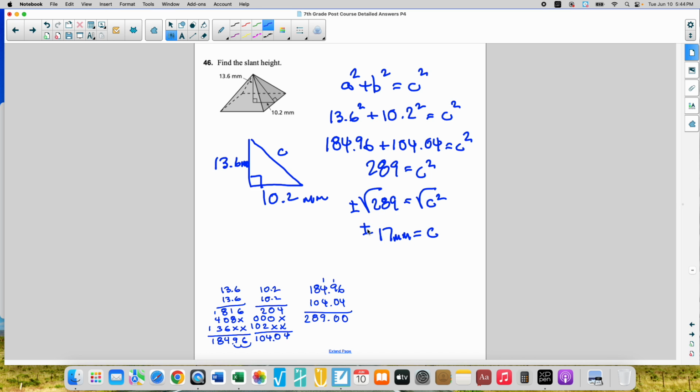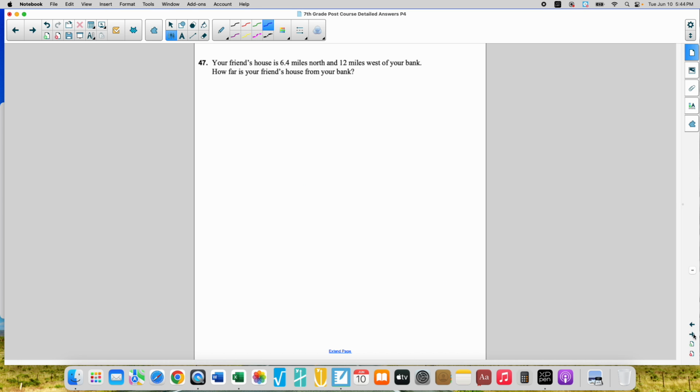Now remember, this is plus and minus 17, so the only one we can use is the positive value because we can't have a negative distance. So this slant height, the outside from the top of the object down to the base, perpendicular, is going to be 17 millimeters. That's a good one.